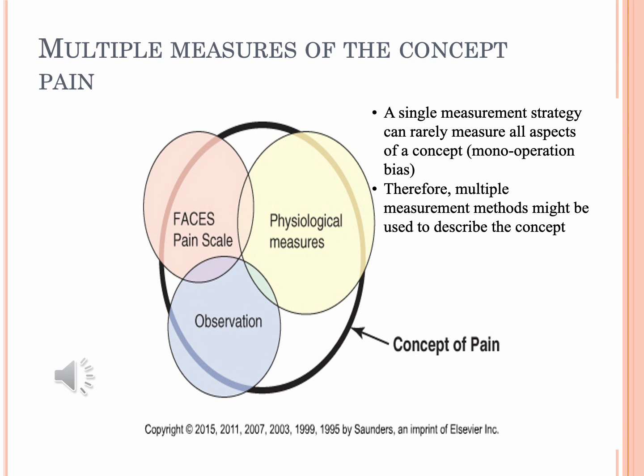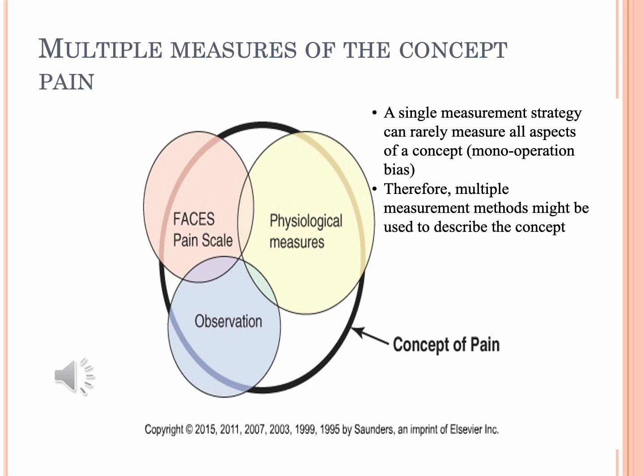If we only use one measure to measure this concept, that is termed mono-operation bias, and that is a limitation for construct validity. In this example, you will see that the researchers are trying to measure the concept of pain, and that is illustrated by the outside circle.